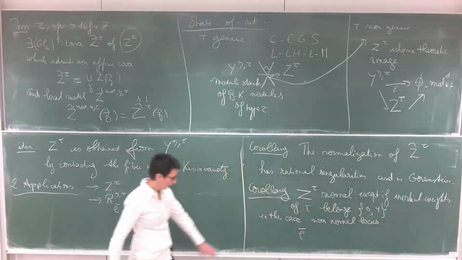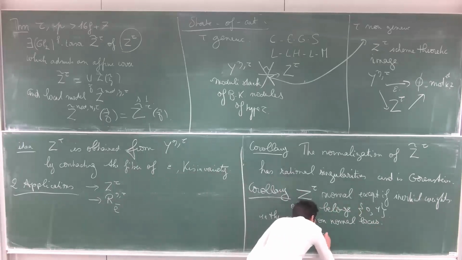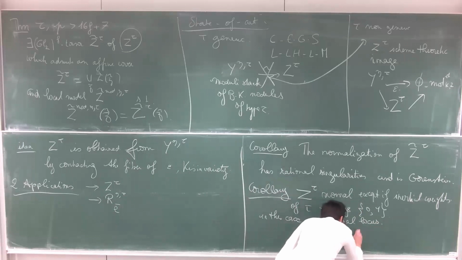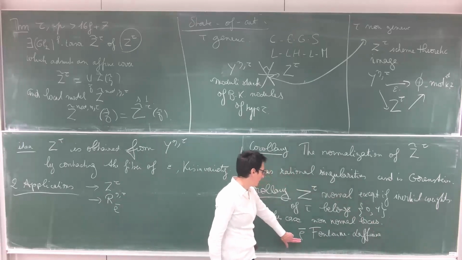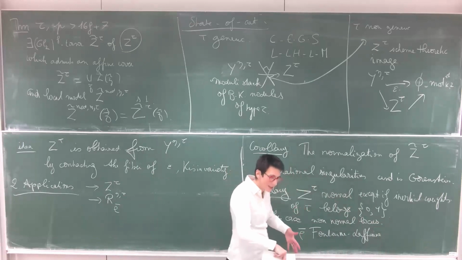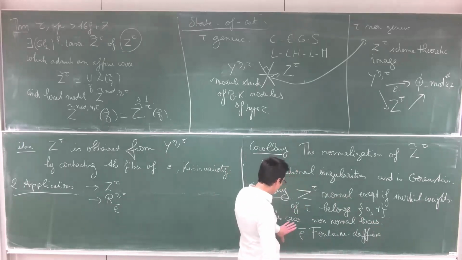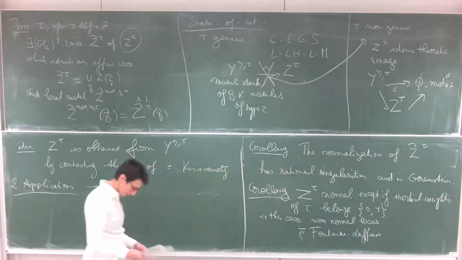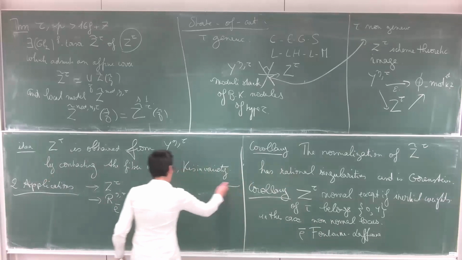So the rho bar should be Fontaine-Laffaille, with the weights which are predicted by the Serre weight, okay, which is a precise weight. Yeah, so we know exactly what the non-normal locus is.